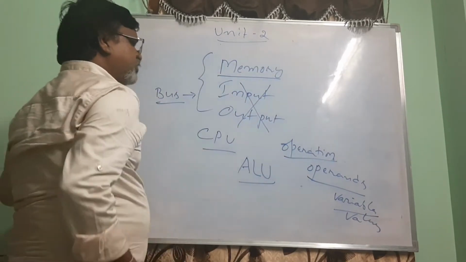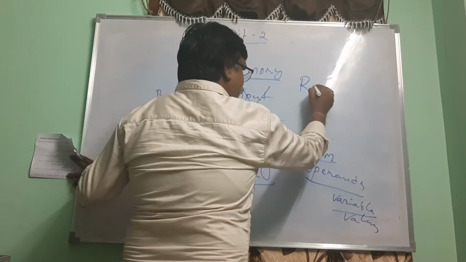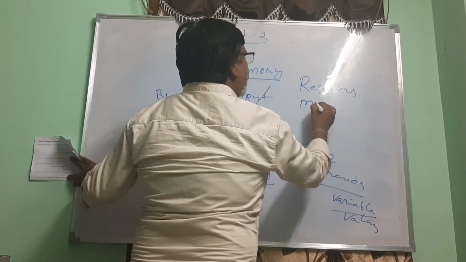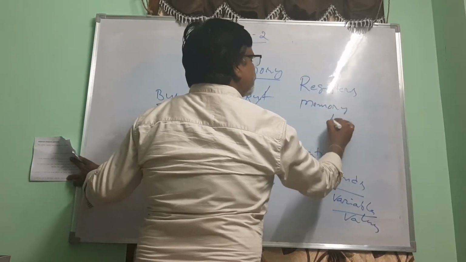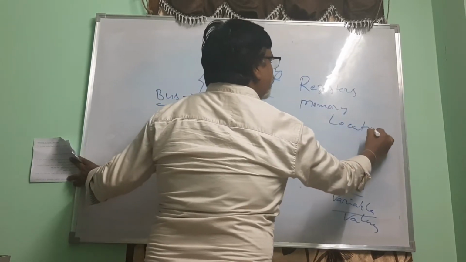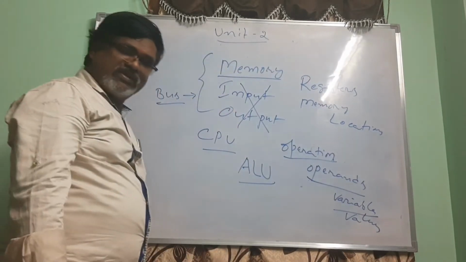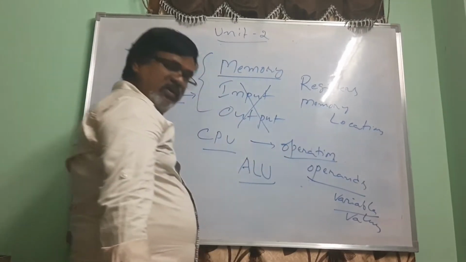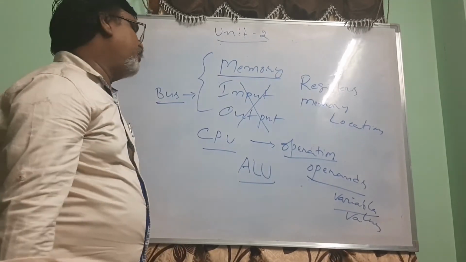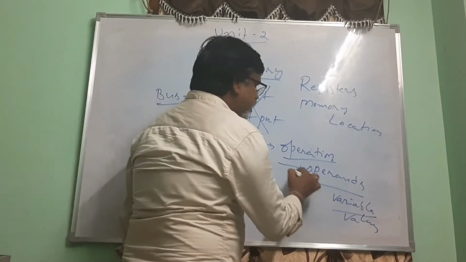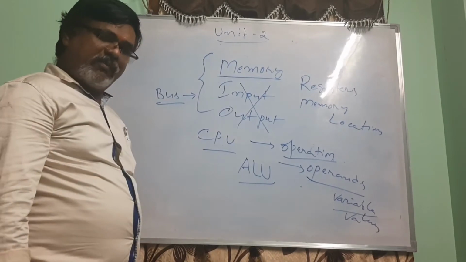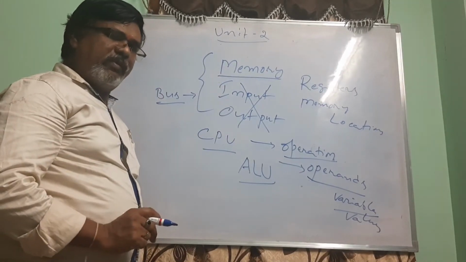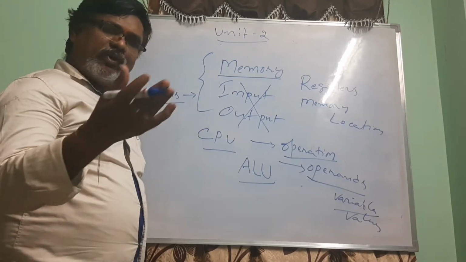In our notation, these variables are known as registers or memory locations. We are performing a certain operation using some operands. Sometimes there may be only one operand, or maybe two operands.